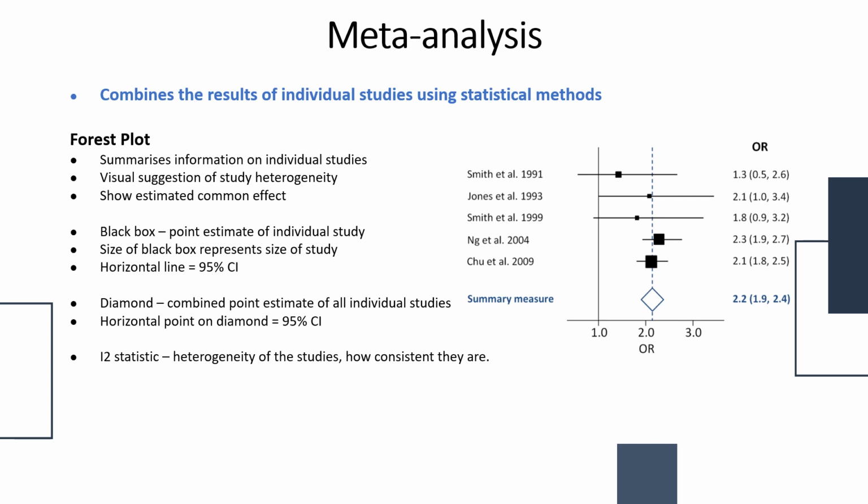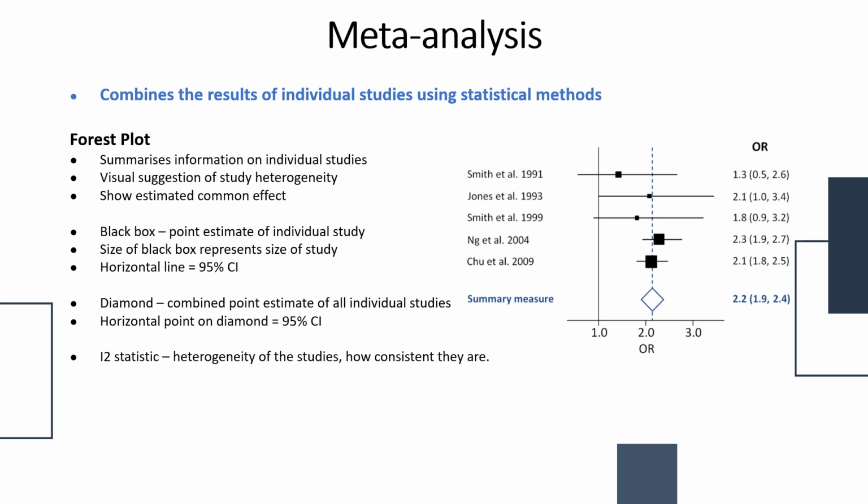The black boxes represent the point estimate of that study, in this case the odds ratio. So Smith et al. have shown that you have a 1.3 odds ratio, so a 1.3 chance of getting X disease, for example. The size of the black box represents the size of the study, and the horizontal lines represent the 95% confidence interval.